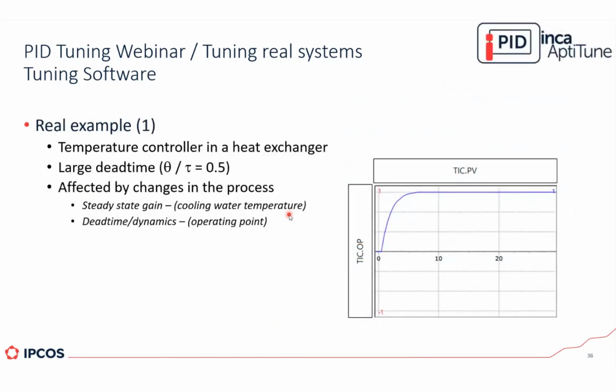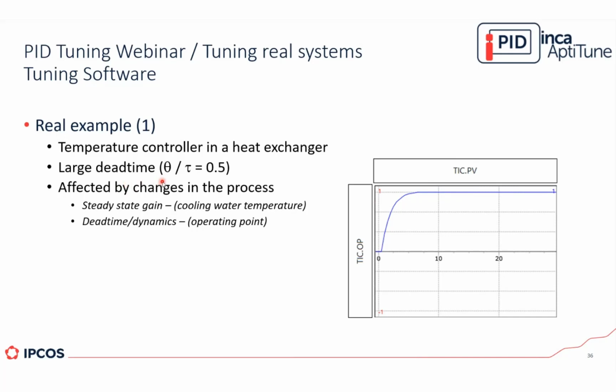So the first example is a temperature controller in a heat exchanger. Here they used cooling water in a shell and tube heat exchanger, right? And apparently the model is clear here, but it's a tricky one because we have a large relative dead time, right?